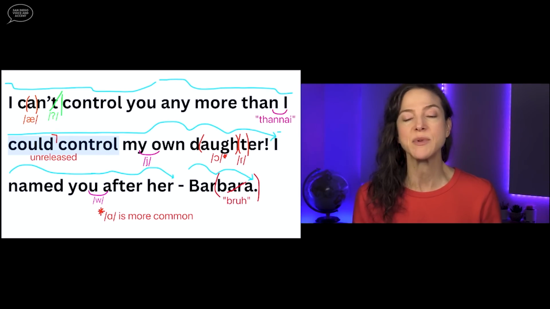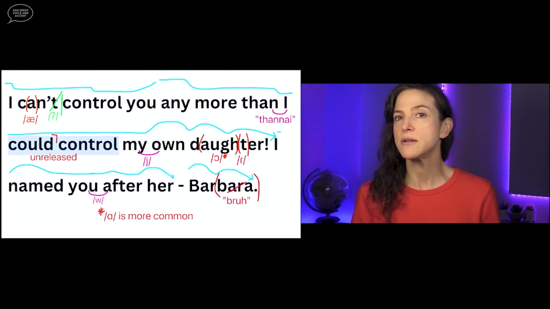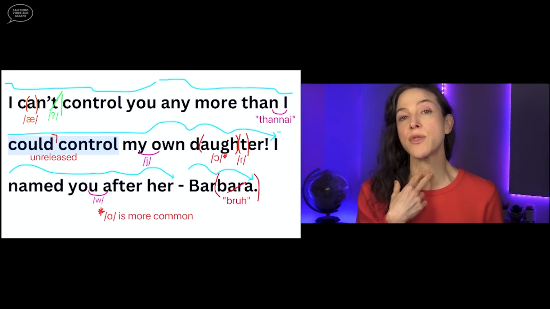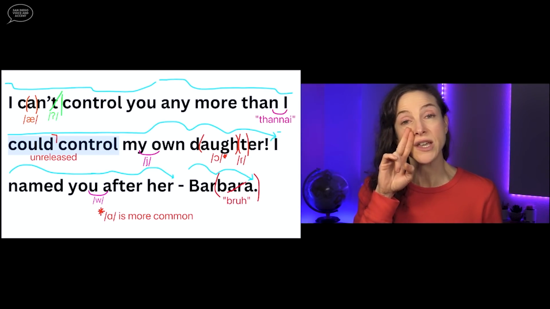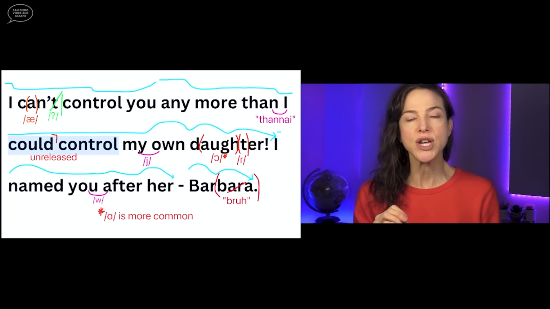Really, the vast majority struggle with pronouncing a good unreleased D. So you'll hear her: I could control, could control. It's a little teeny bit of vibration from the throat and also where the tongue tip is touching the alveolar ridge. That's the D. It's not could control, could control. She doesn't release her tongue.